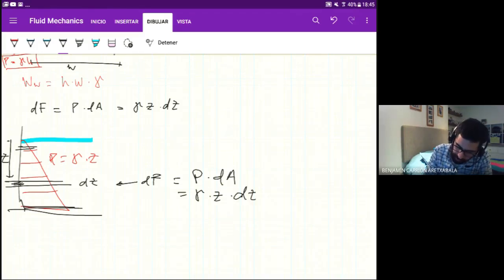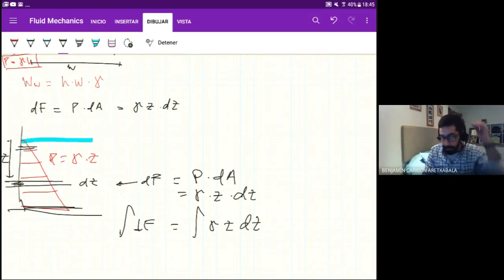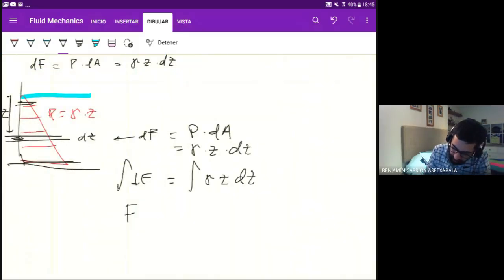So if you integrate your dF, you're going to be integrating gamma z dz, and the total force is going to be gamma z squared over two, evaluated at 0 and at h.